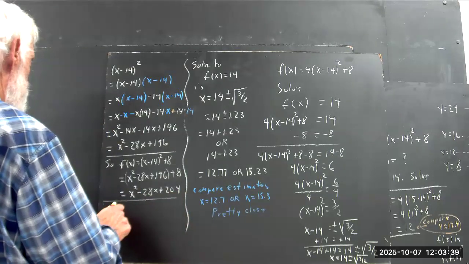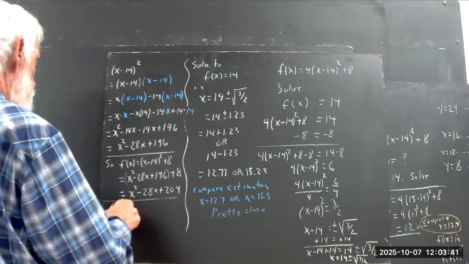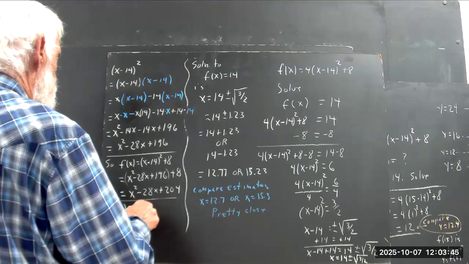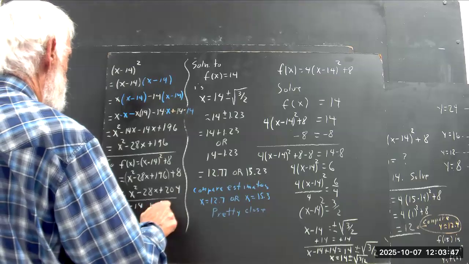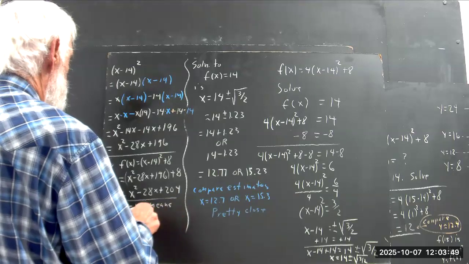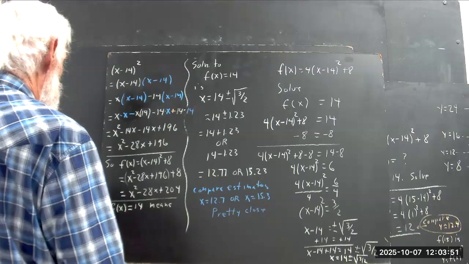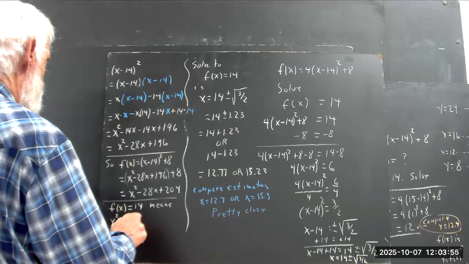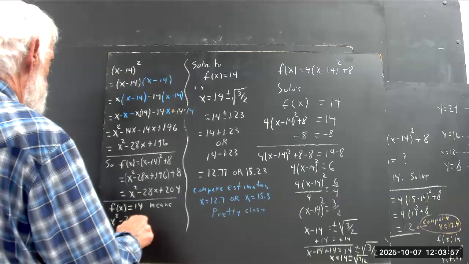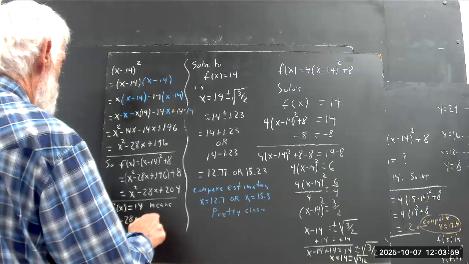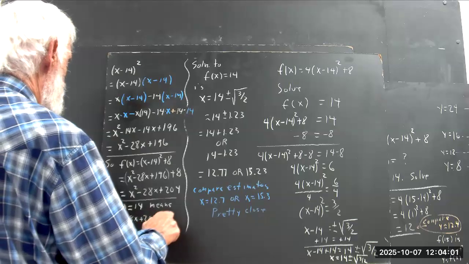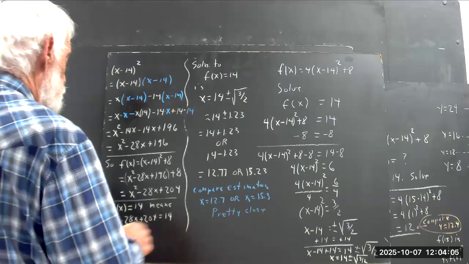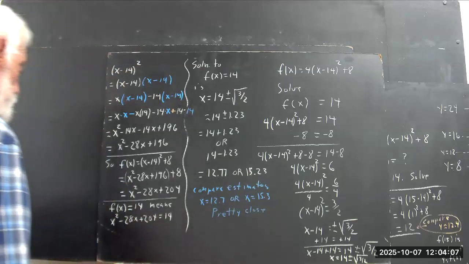Now, f of x equals 14 means x squared minus 28x plus 204 equals 14.